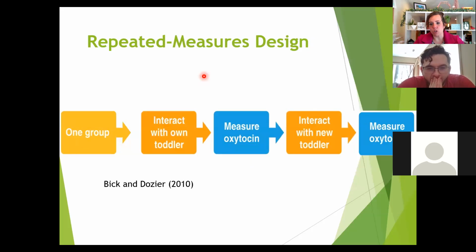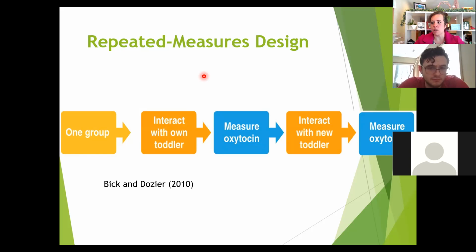A repeated measure design, similar idea, but you're doing it one after the other. So it's a type of within group design where participants are measured on the dependent variable more than once. So they're exposed to each level of the independent variable and then measured again. So this particular example by Bick and Dozier in 2010, the question was, do women release more oxytocin to their own toddlers versus another toddler?